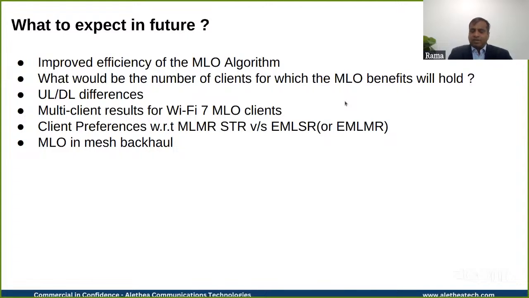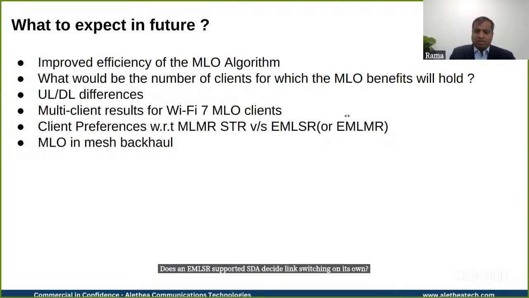Okay. Then I have a question. Does an EMLSR supported STA decide link switching on its own? Can the AP send a request to the client for link switching and all this? So again, this is done via the MU-RTS CTS sequence or an RTS CTS sequence only.